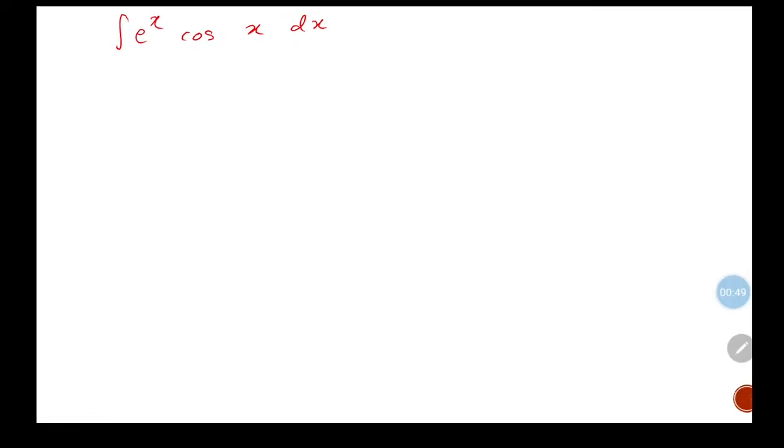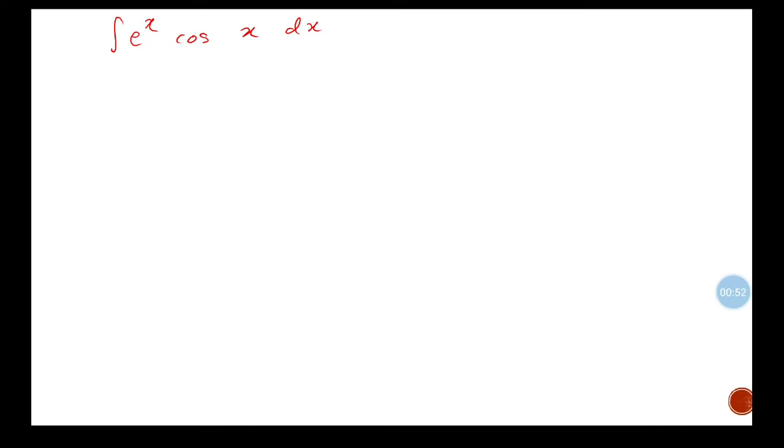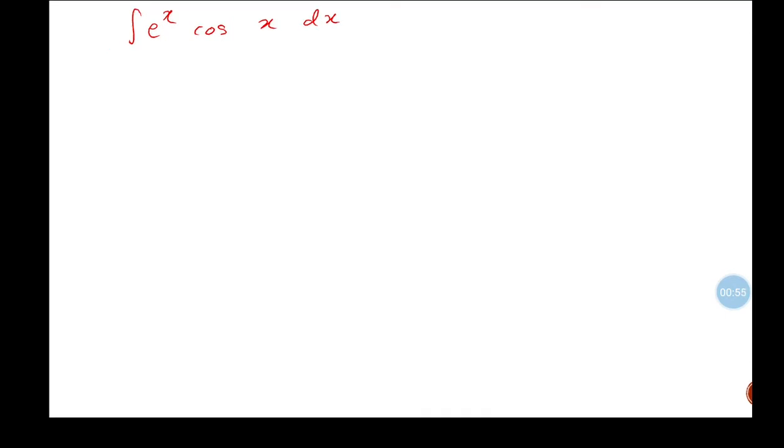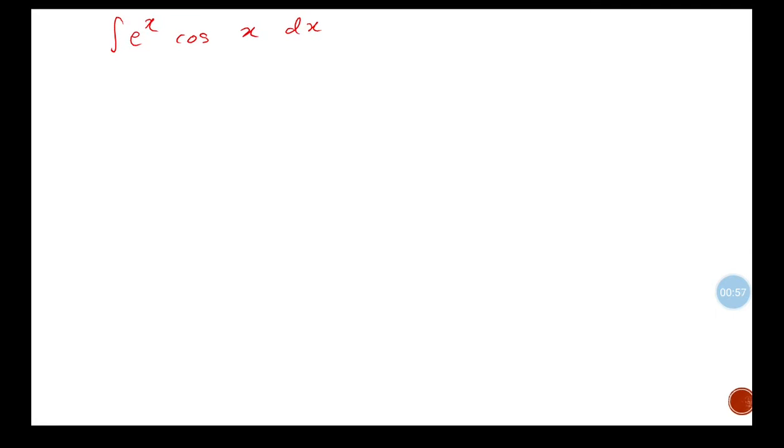So remember, according to the rule, which function should we choose as u? Remember, the exponential function is at the bottom of the list, so we should choose the trigonometric function to be u. So u is cos x and du is minus sin x dx, where dv is e to the power of x and v, the integral of e^x dx, is also e^x.